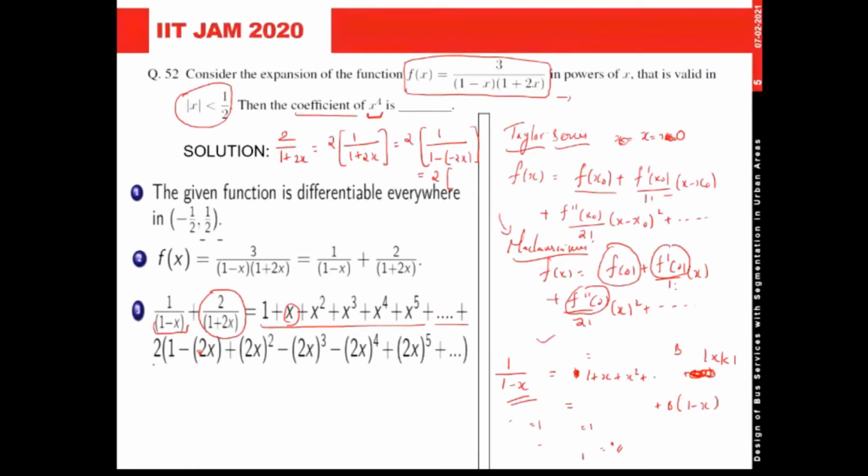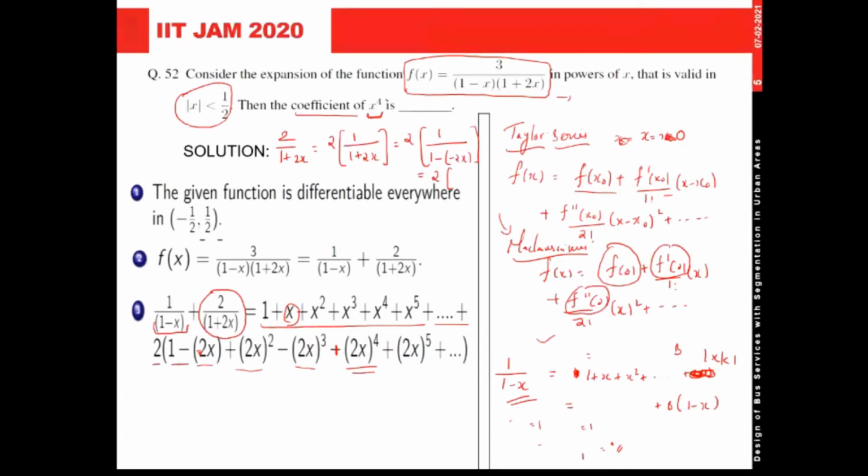So you can write it as 2 into 1 minus 2x plus (2x) square minus (2x) all cube plus (2x) all raised to 4, etc.